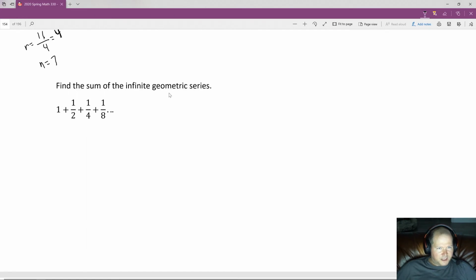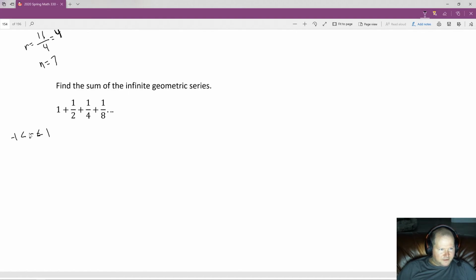So we're going to find the sum of the infinite geometric series. So first of all, whenever we're trying to find the sum of an infinite geometric series, we can only do that if the multiple is less than 1. The absolute value of it is less than 1. So we can only find the sum if r is between -1 and 1.